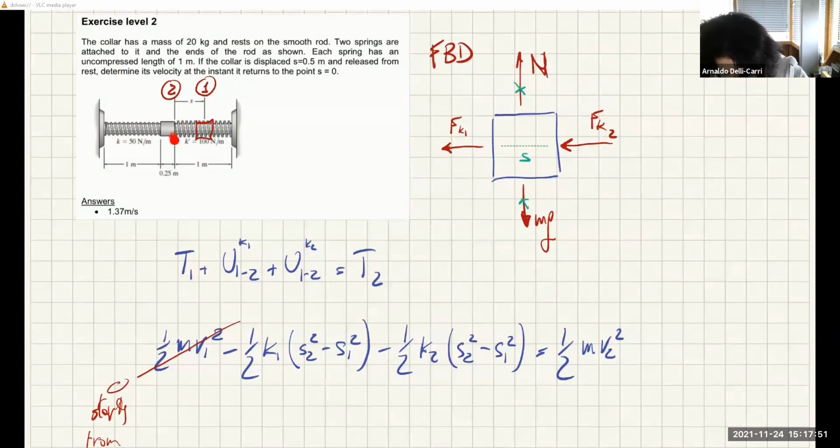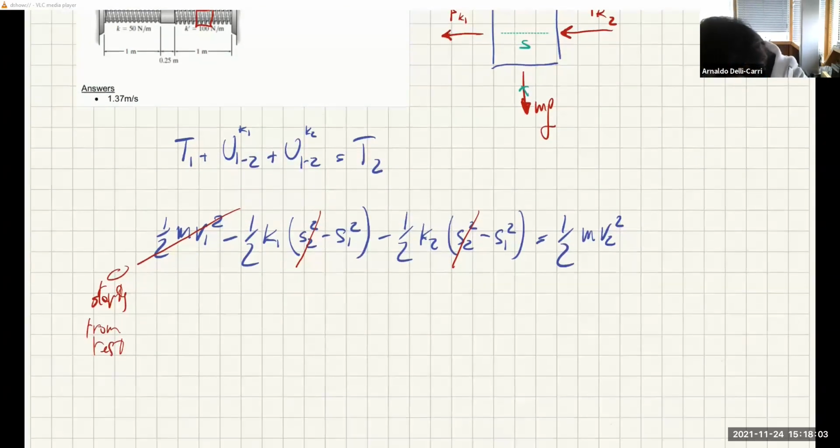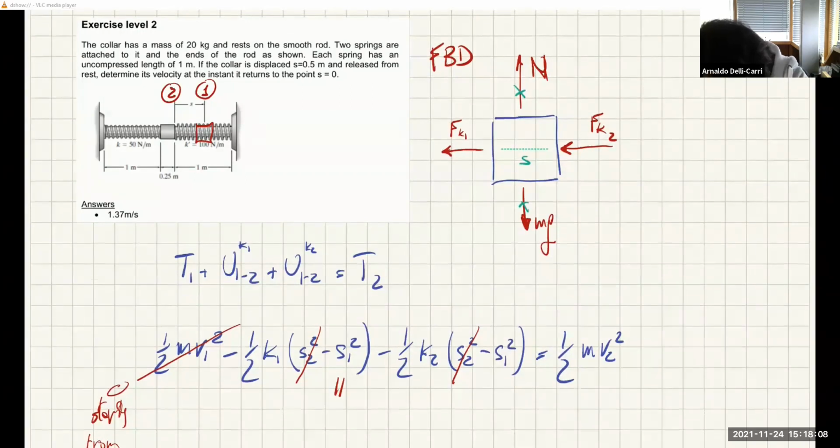And since this is 1 meter and 1 meter, we can say there is no stretch for either spring when in position 2. But when in position 1, this stretch is 0.5 meters.